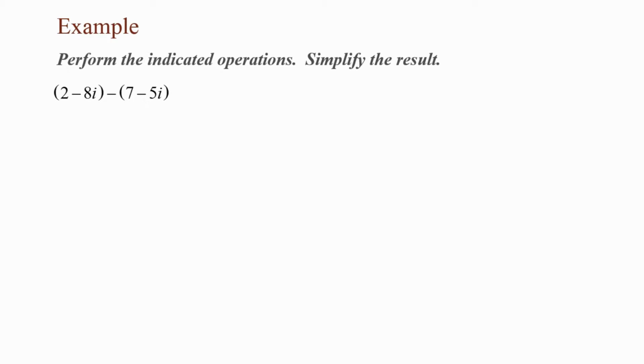So my problem becomes 2 minus 8i minus 7 plus 5i. Adding the real number portion, 2 minus 7 is -5. Then adding the imaginary portion, -8i plus 5i is -3i. So my final answer is -5 minus 3i.